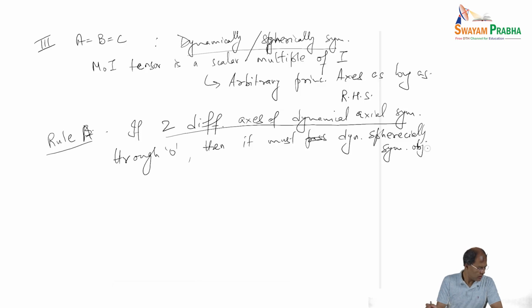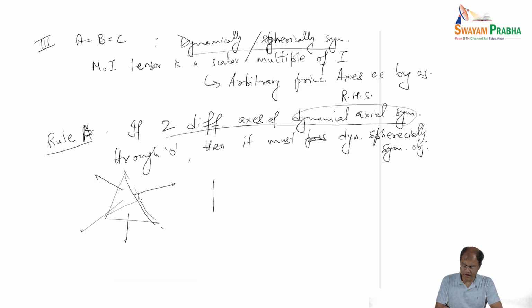Okay, some examples to have in mind are the so-called tetrahedron. The tetrahedron has one axis of symmetry along each face, so there are four axes of dynamical symmetry, and so this is a spherically symmetric object.